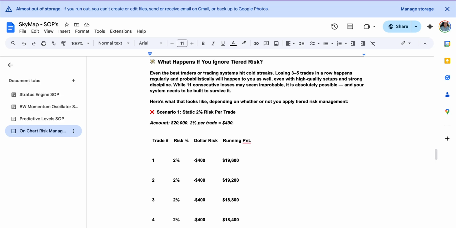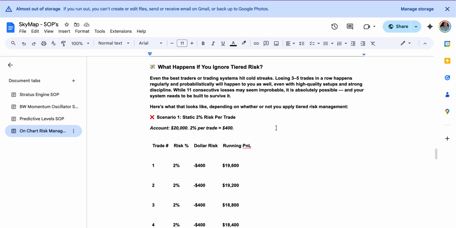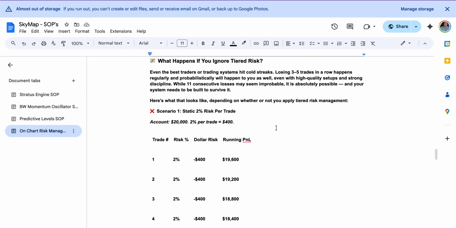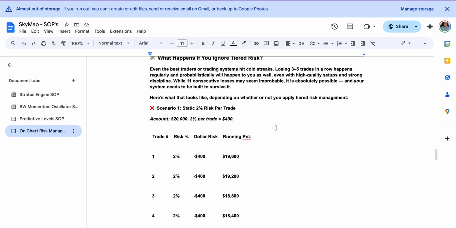Okay. So one of the things that is built in is a tiered risk model, and that's why I want to focus on the tiered risk first. When it comes to that, you set your total account's available drawdown. If you are trading a personally funded account, I'm going to recommend that your max risk, your 1R number, be very small, right?